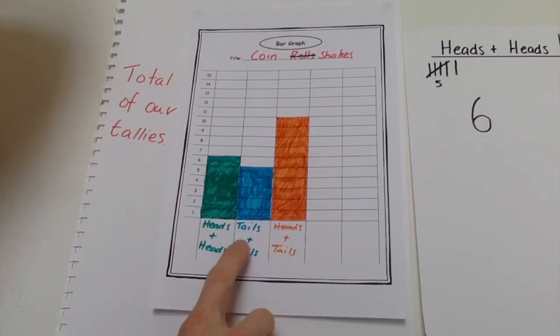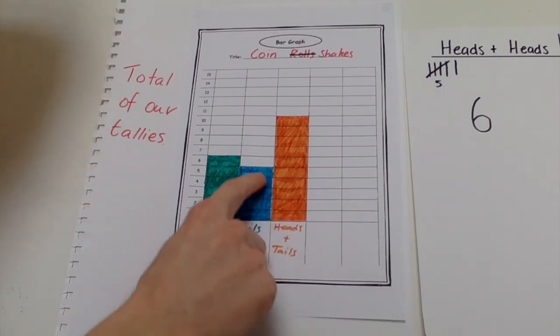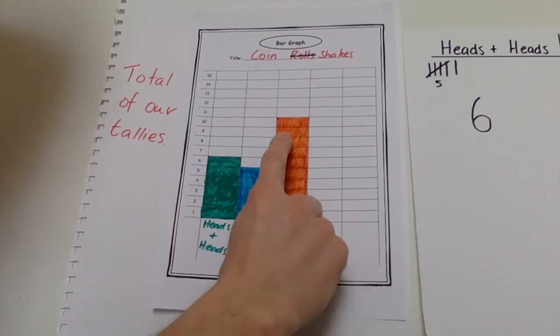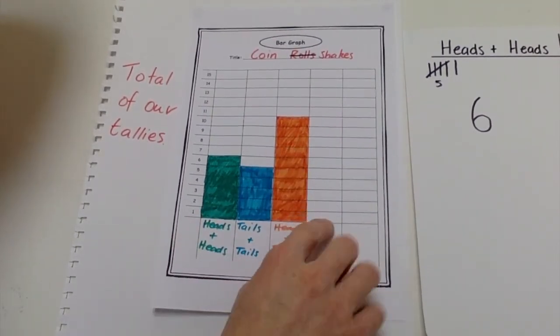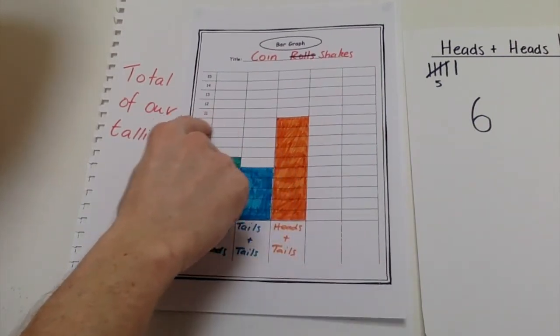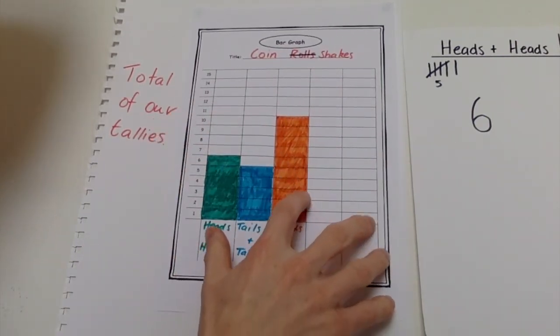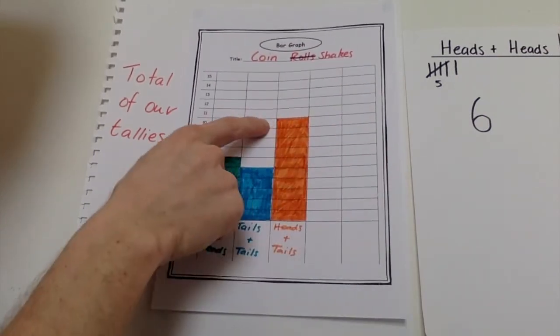Now if I'm going to compare tails and tails with heads and tails, I know there's a big difference in there, don't I? Okay? And when you colour them in, make sure you coloured all the boxes in and make sure you've coloured in the right amount so you can count them. 1, 2, 3, 4, 5, 6, 7, 8, 9, 10. Okay?